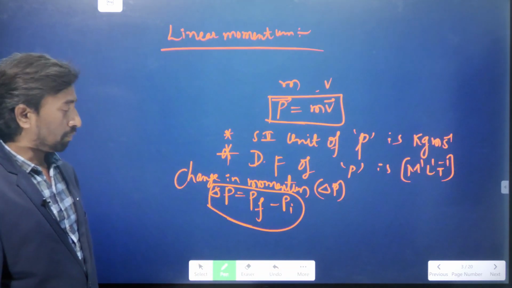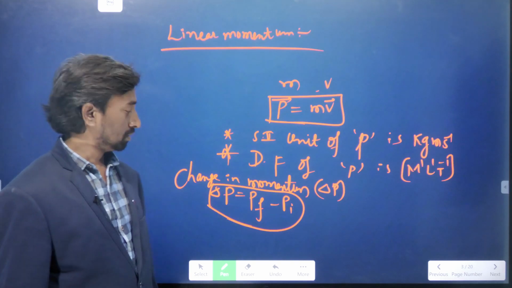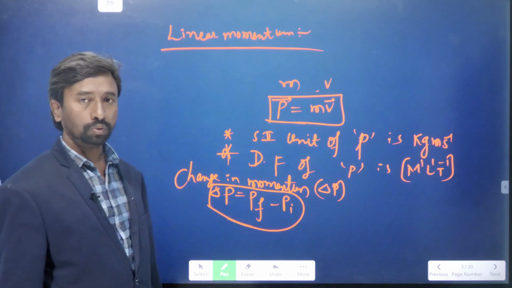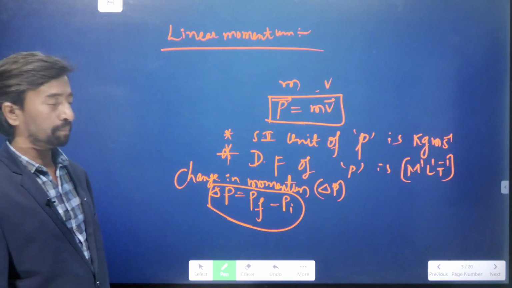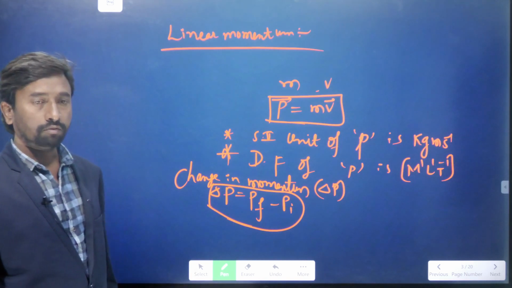Suppose a body of mass m initially has velocity u, and finally has velocity v.